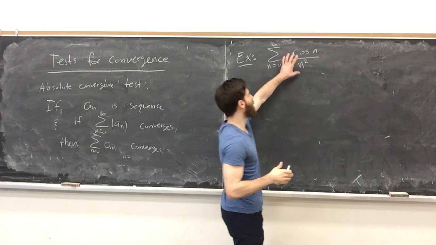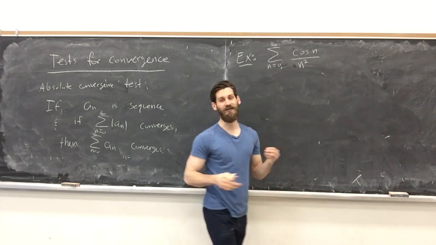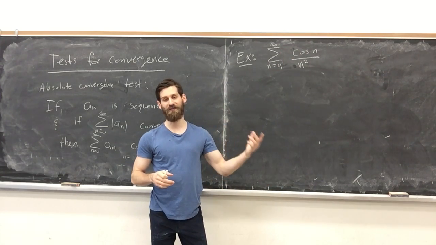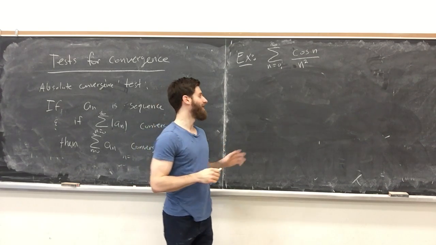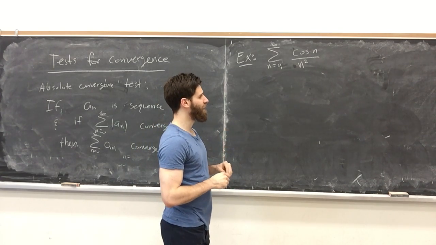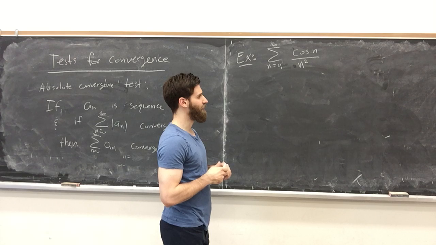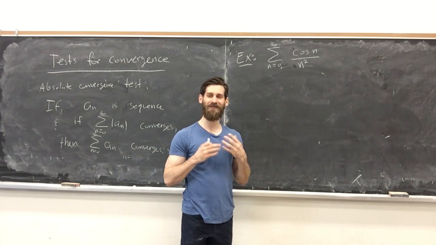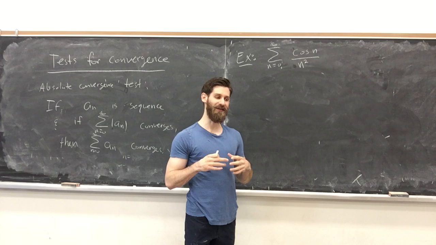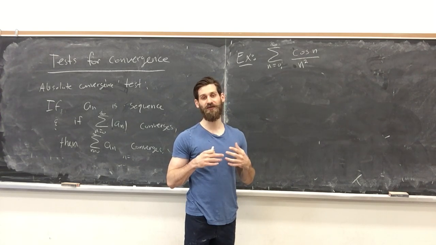In particular, the a_n are not positive. They're sometimes positive, sometimes negative. So that's one reason why you can't use it. But you could use the absolute convergence test. Actually, for this, you're going to need to use both the absolute convergence test and the comparison test. So you need to use 2 tests to solve this. So it's a pretty good example.